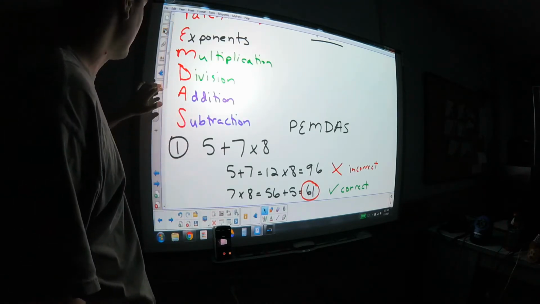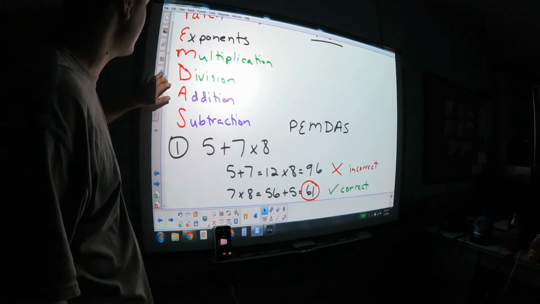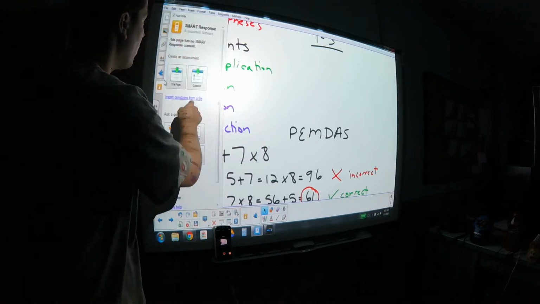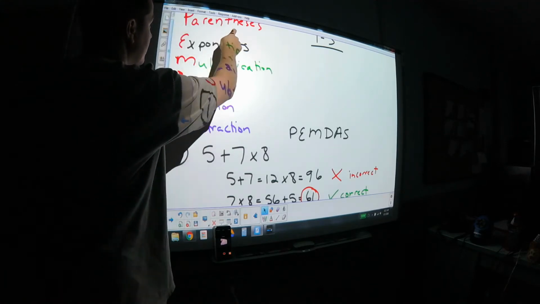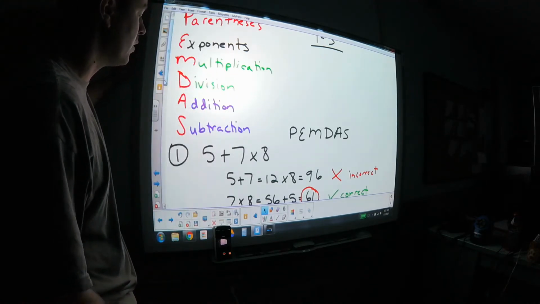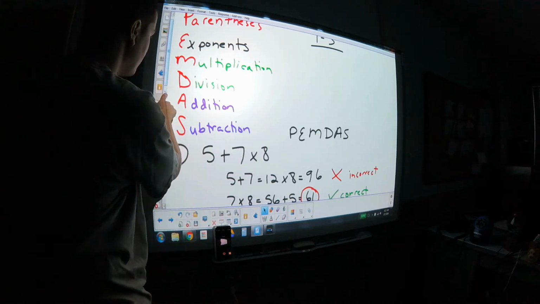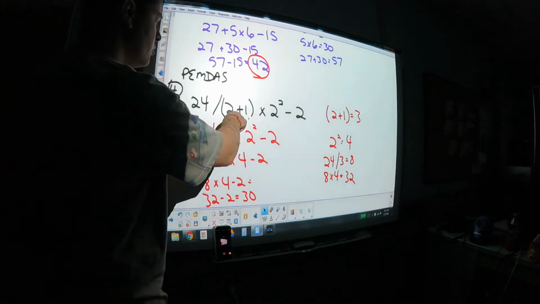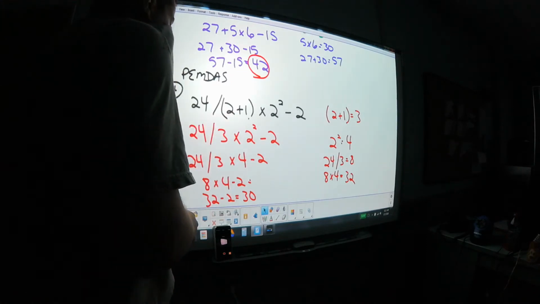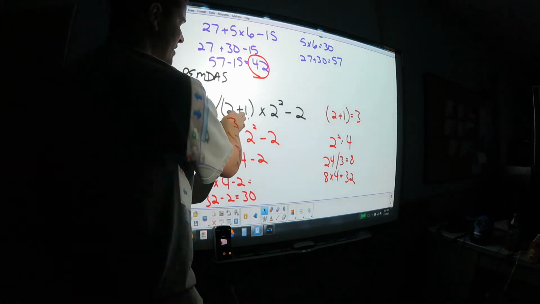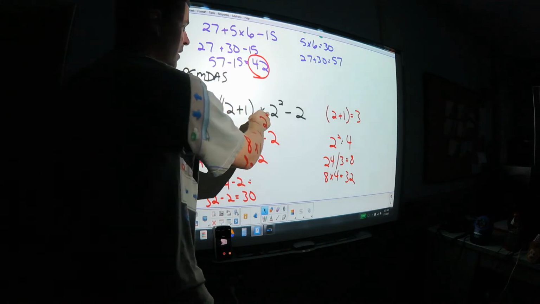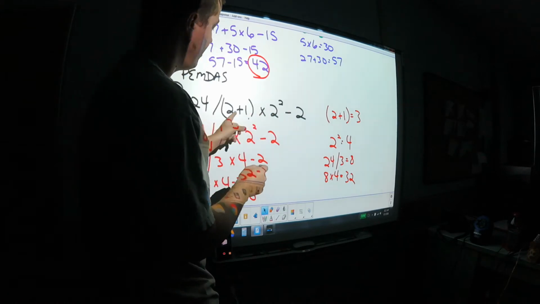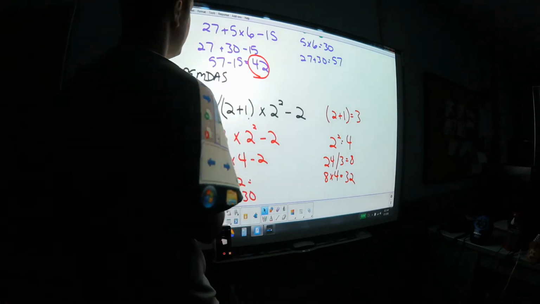Now, the last two letters, just like multiplication and division, addition and subtraction, you do the same way. When you have addition and subtraction in the same problem, then you're going to do whichever one comes first. So whichever one comes first in the problem, just like on number 4, down here in a minute I'm going to show you, if this addition was not in parentheses, then you would do addition first, then subtraction, because when reading left to right, addition would have come first.